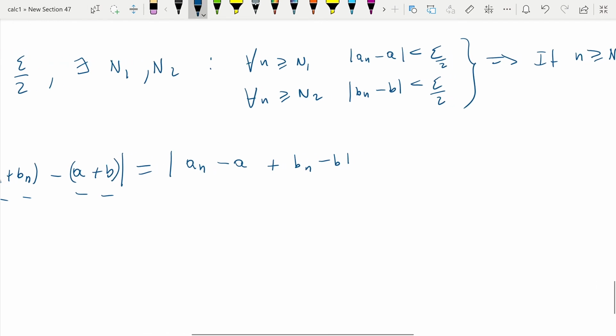And here we use the triangle inequality, and we get that this is less than or equal to |a_n minus a| plus |b_n minus b|.